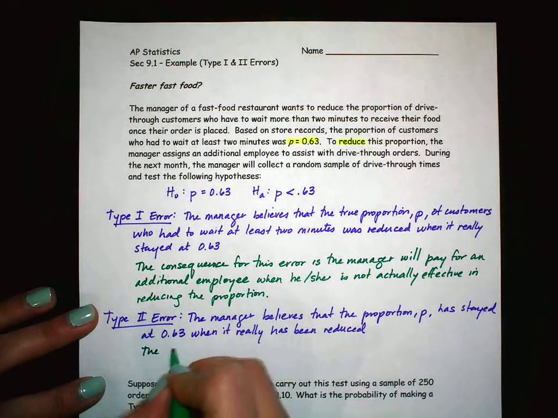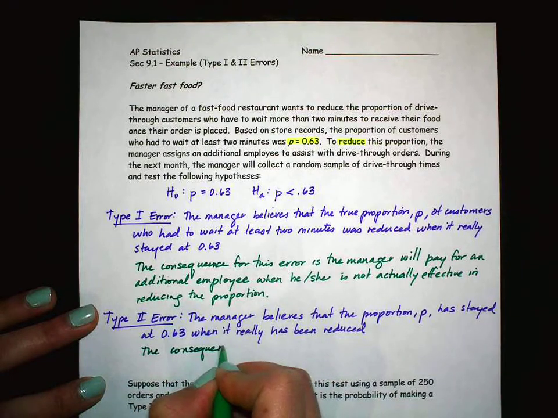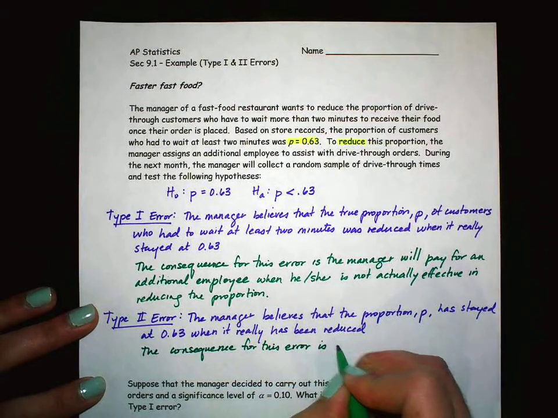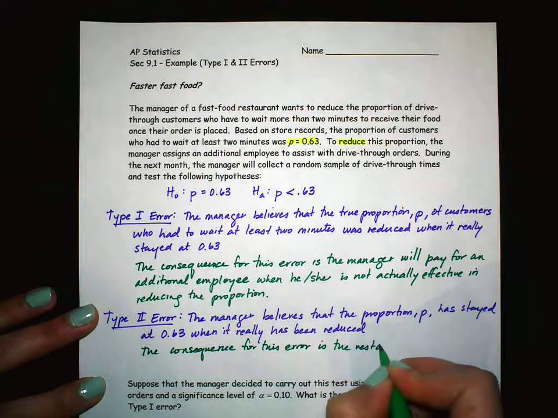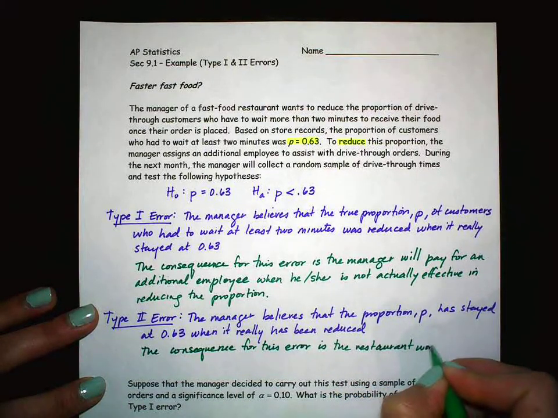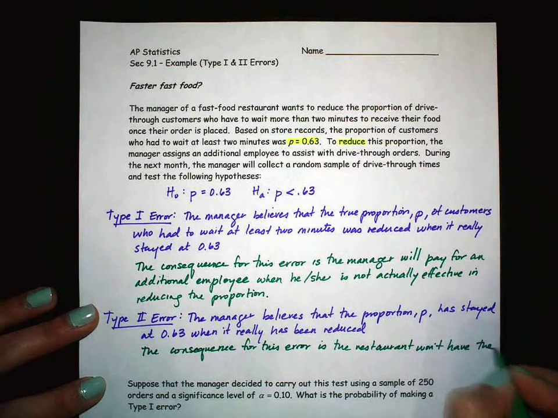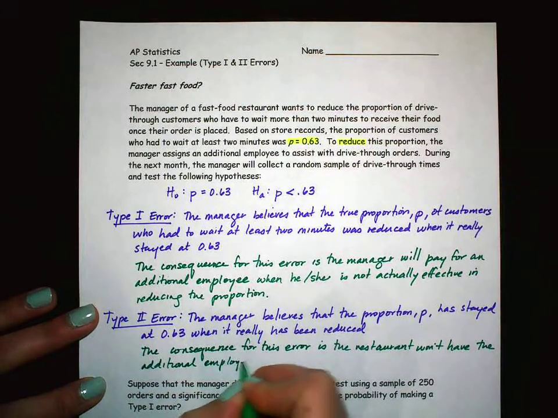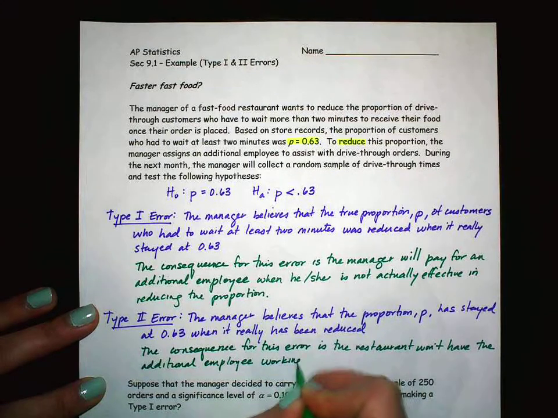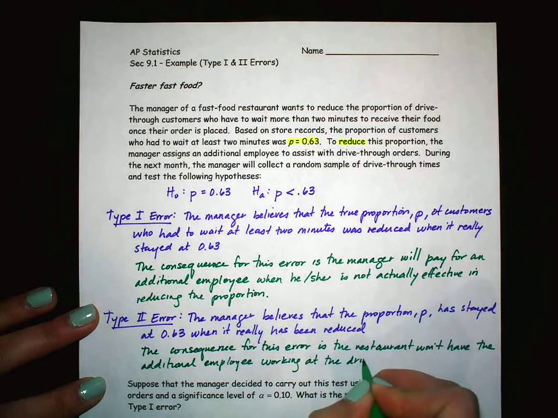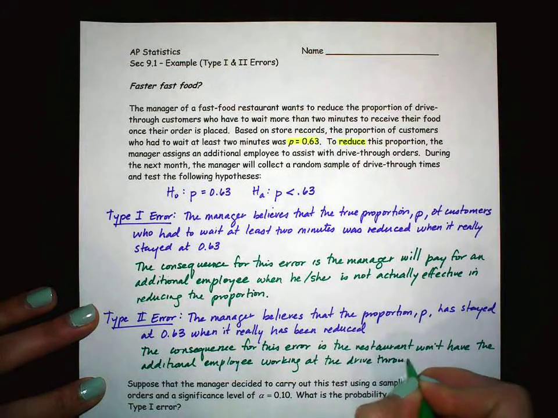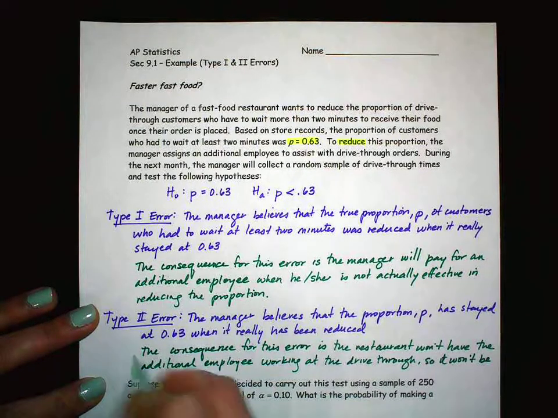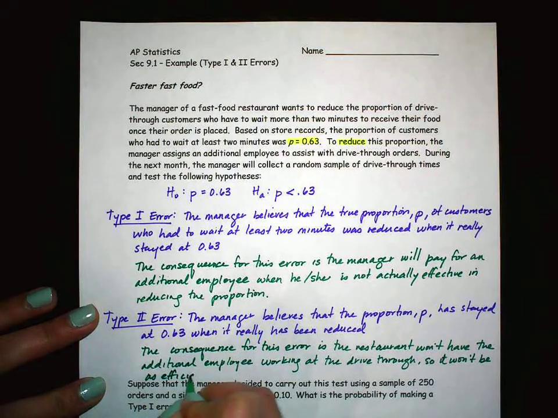So the consequence for this error is the restaurant won't have the additional employee working at the drive-thru, so it won't be as efficient as it could be.